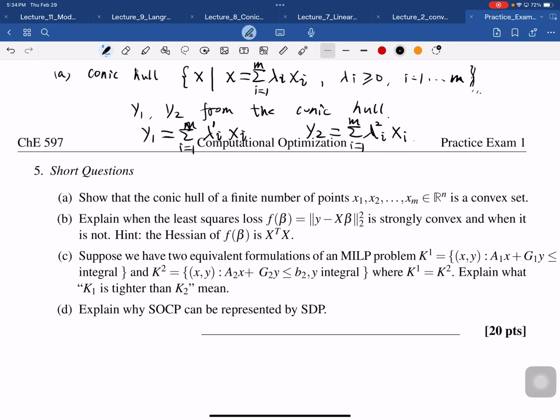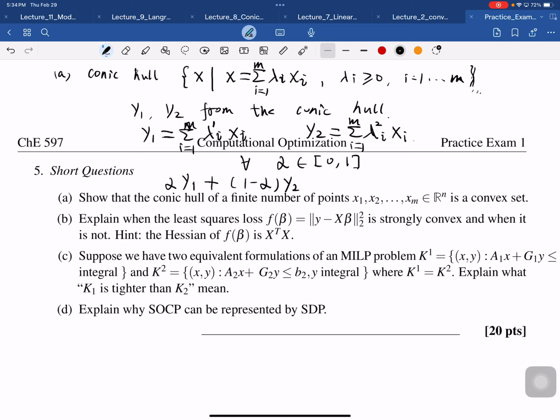We pick 2 arbitrary points from the conic hull. Then we show that for any alpha between 0 and 1, the convex combination of y1 and y2 is in the conic hull.